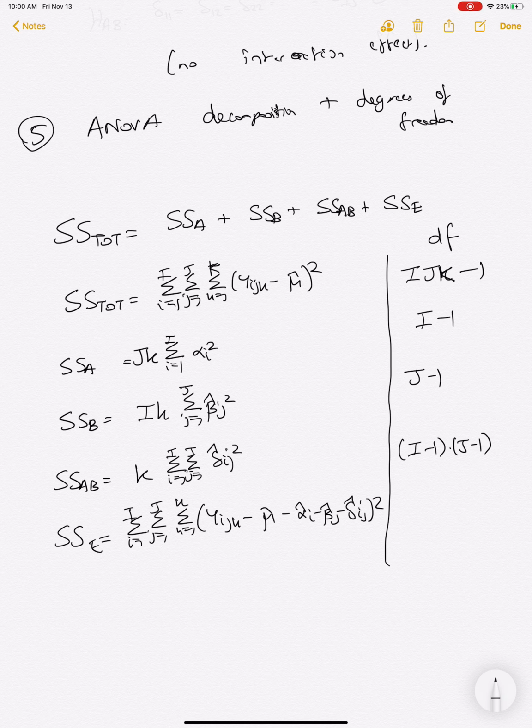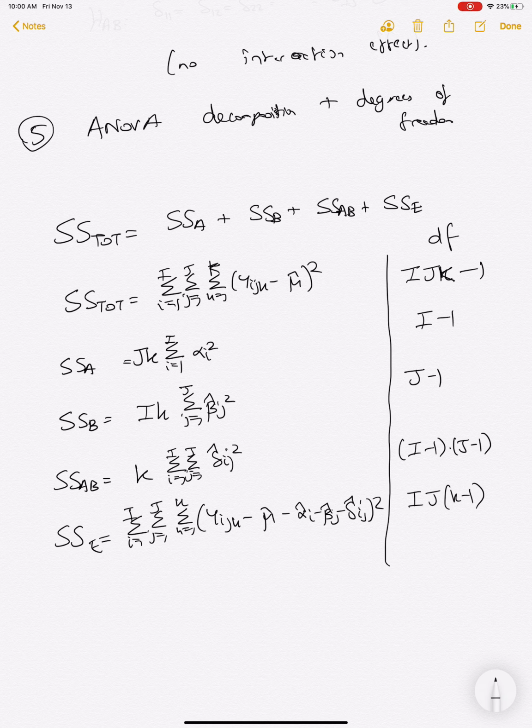And then for the overall sum of squares, this is in some ways more intuitive to think about. You have ij different groups, and for each of those you have k minus 1, because you lose 1 degree of freedom for estimating the mean of each of those groups. So you have ij times k minus 1 as the degrees of freedom, and you should check that this whole thing adds up.